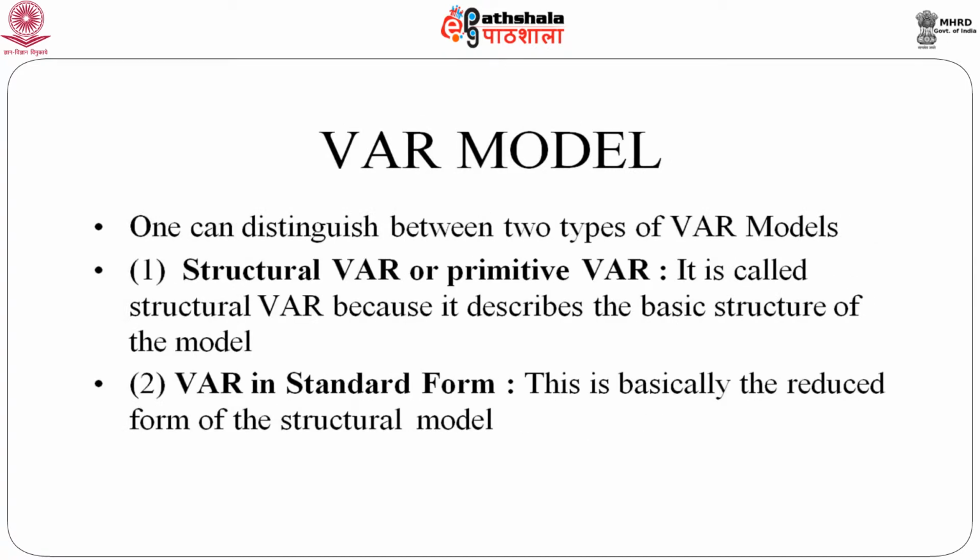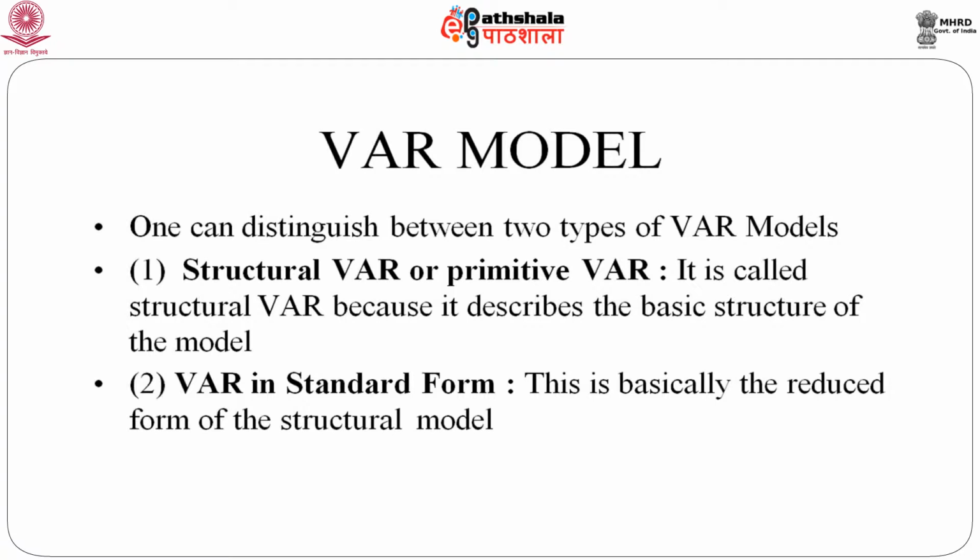Now, in the VAR model, what we basically consider is an integrated system. There is two-way interaction between the variables yt and xt. We do not treat either xt or yt as exogenous.